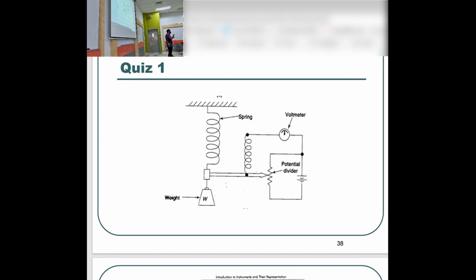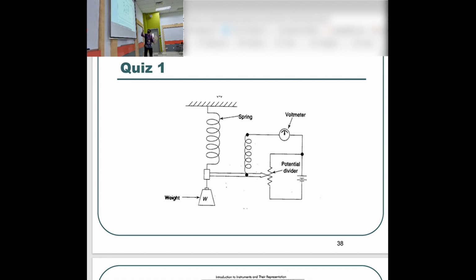Because the more the weight, the more deformation it gives to the spring, so the spring will stretch further. So which one indicates the motion of the spring? The spring itself, isn't it?